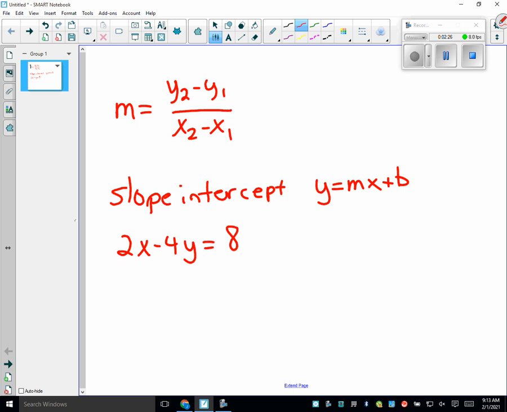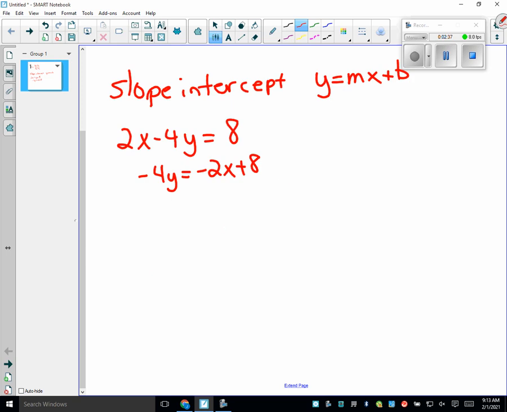Y. So can I move 2x over here? So negative 4y equals negative 2x plus 8. Now what? So y equals what? 1/2 x minus 2. Right? We agree with that.